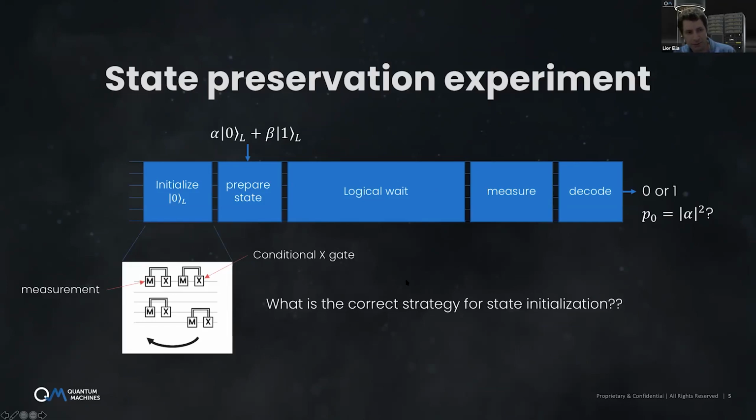The first thing is to initialize the state. This may seem straightforward, but it's actually not very straightforward if you come to think about it, because you need to take a lot of these physical data qubits and put them all in the ground state at the same time. That basically requires playing conditional reset pulses.